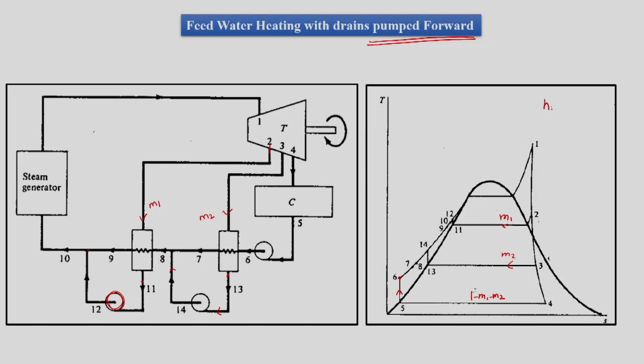At 6, H6 is the boiler pressure, so water will be at boiler pressure. From 6 it will get heated and then it will come to state 7. But it is going to get mixed with the pumped water at 14 and then we have state 8, and that is how it is getting a little complicated for finding out enthalpies.